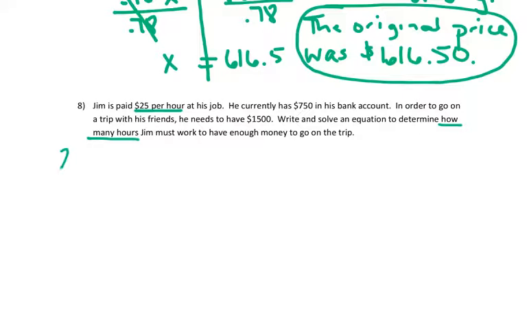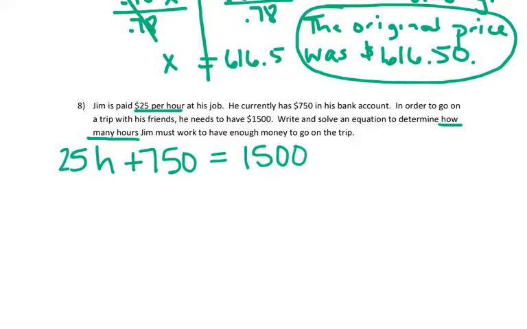So we start with 25 and multiply that by how many hours he works. But he already has $750, and he needs $1,500. So the equation is 25h plus 750 equals 1,500.